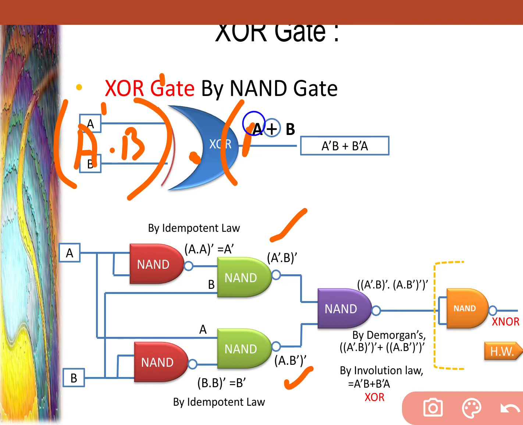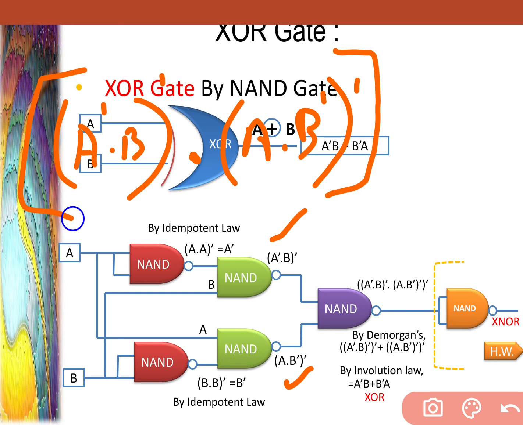The next expression is A dot B dash whole dash, with the help of a NAND gate if I'm using. And for this square bracket whole dash, I'm using De Morgan's law.